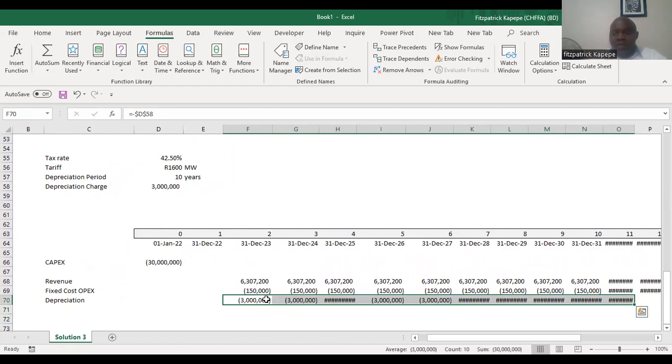Okay. Why I'm doing this is not for me to compute the present values. When you are computing the present values, you are only looking at the actual cash. I'm using this to get the tax, which will be part of my computations.